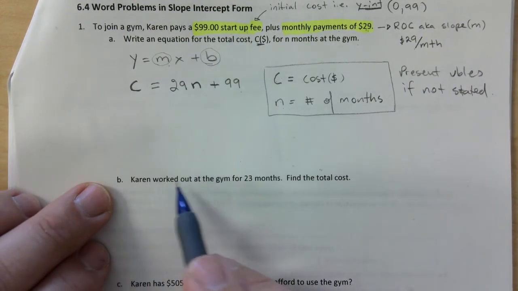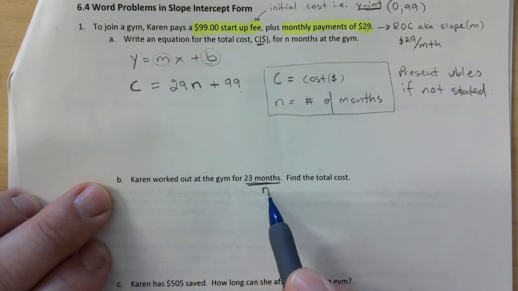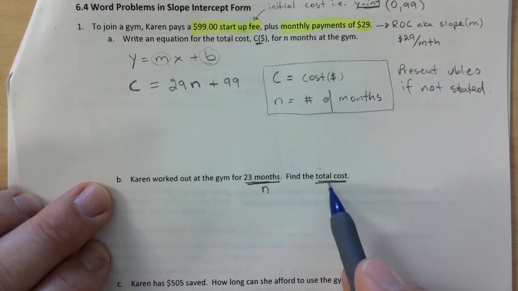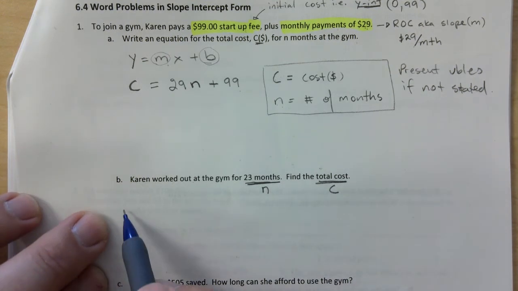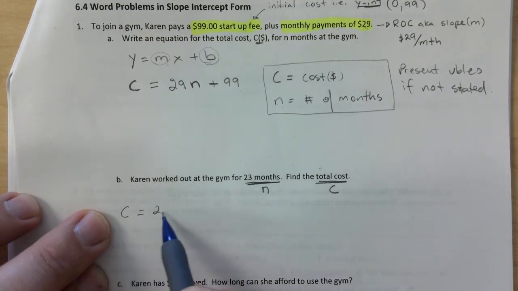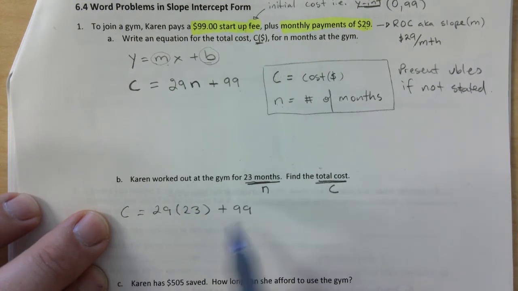It says Karen worked out at a gym for 23 months. This is your N, right? Find the total cost, C. So C is going to be 29 times 23 plus 99.